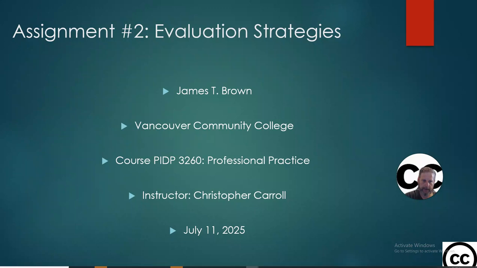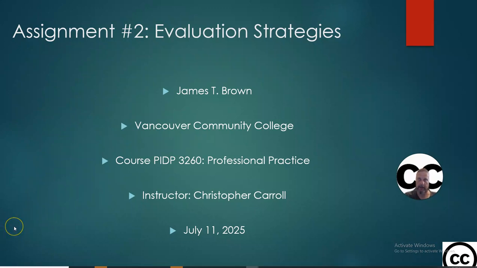Today we'll be discussing the different evaluation strategies, ones that I've used initially in the past with my Food Safe program, and the ones that I'm going to use and employ from my research based on this assignment, as well as the fact that I'll be going into longer teaching programs that will be anywhere from 6 to 8 weeks to full semesters.